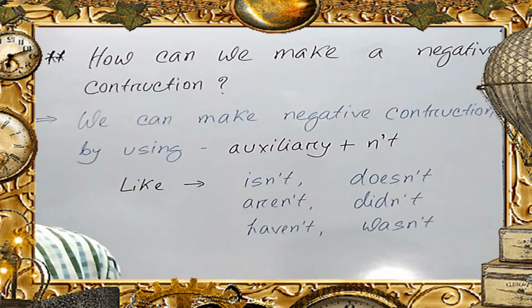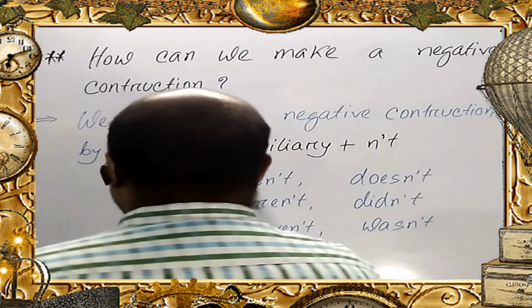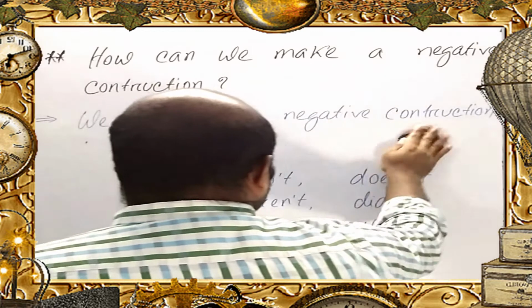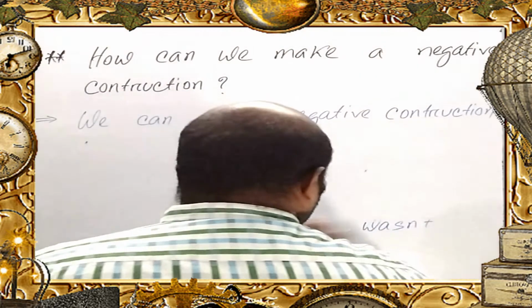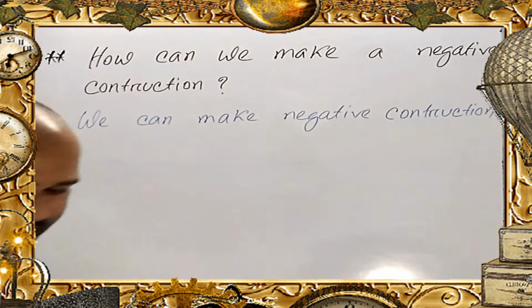You have already known these forms, but there are two different forms we can use in our tag question. What are they?